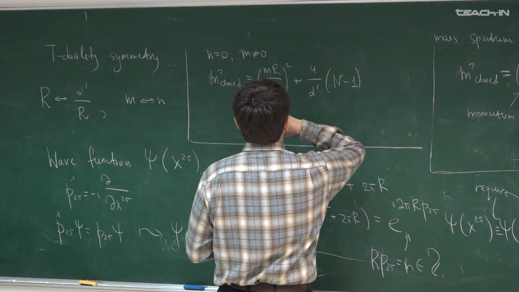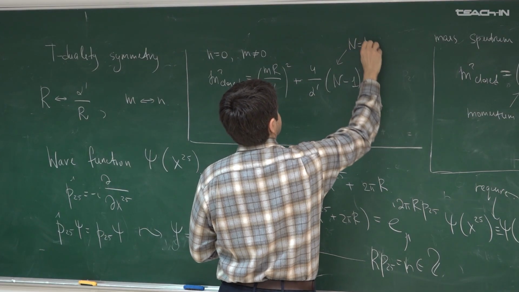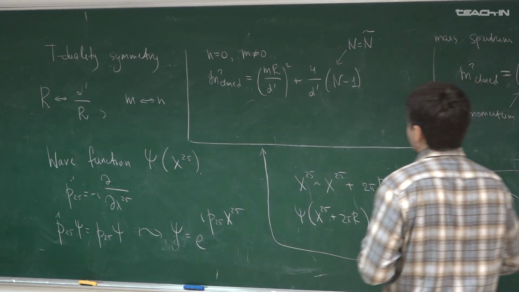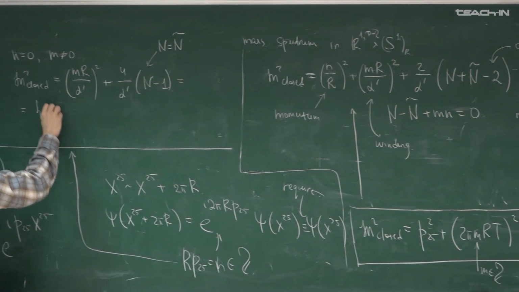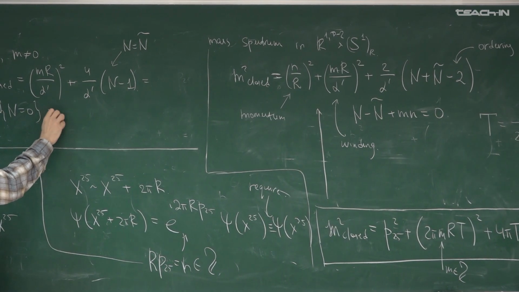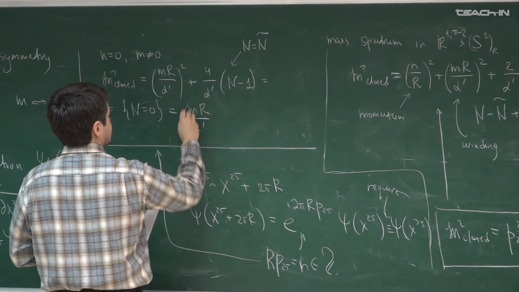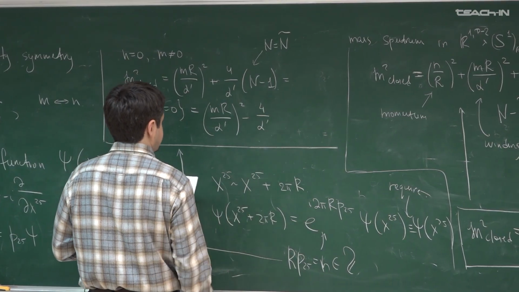Because here we've set n equal to n tilde, because m is not 0. Now if we further set n to 0, the lowest level, we get (mR over alpha prime) squared minus 4 over alpha prime.